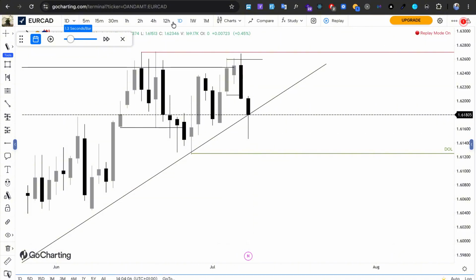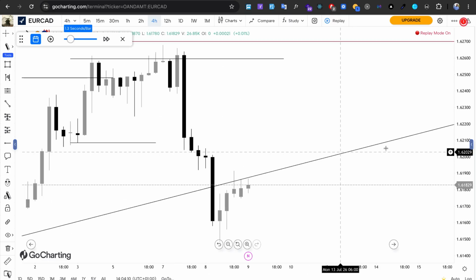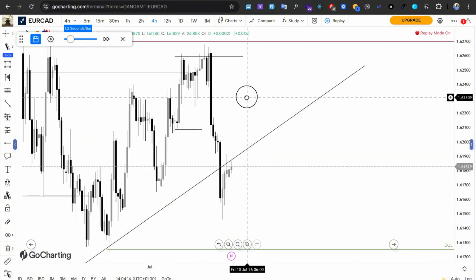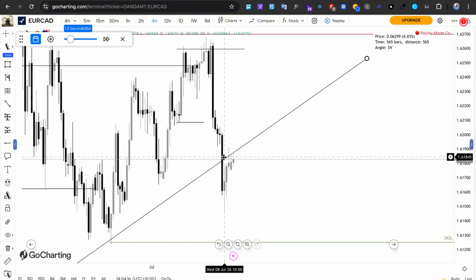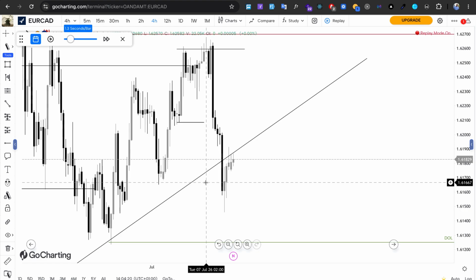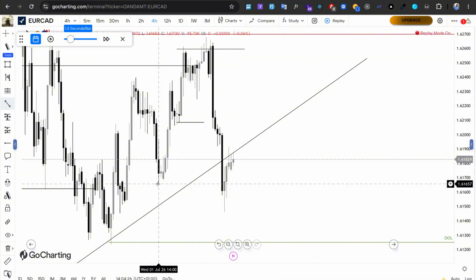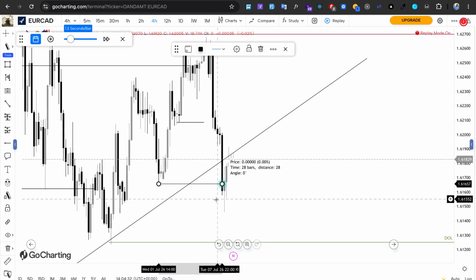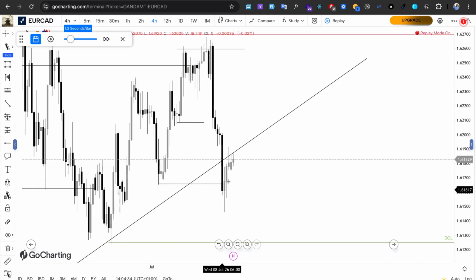But when you go to the 4 hours time frame, it becomes more visible. This breakout, it broke out with a displacement and gave us a change of character here, right?